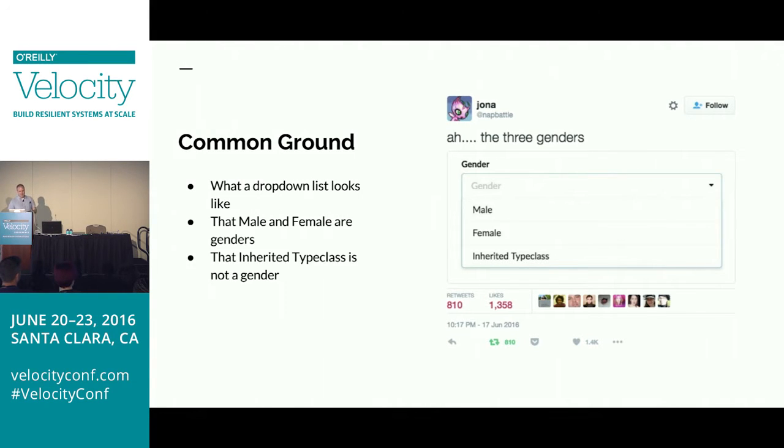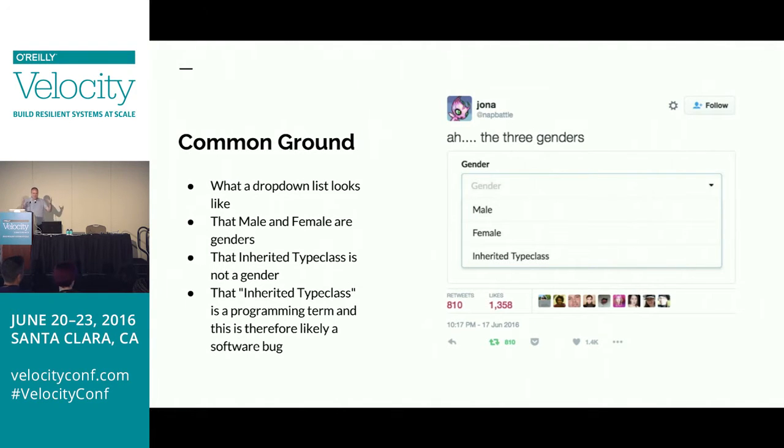They need to know that inherited type class is not a gender, or it could be, I guess. I don't know, my list of genders is not up to date. And that inherited type class is a programming term, so this probably happened because of a software bug, and you can imagine exactly how it happened, right? This person's intentionally misunderstanding what happened here for humor. Get it? It's a good joke, right?